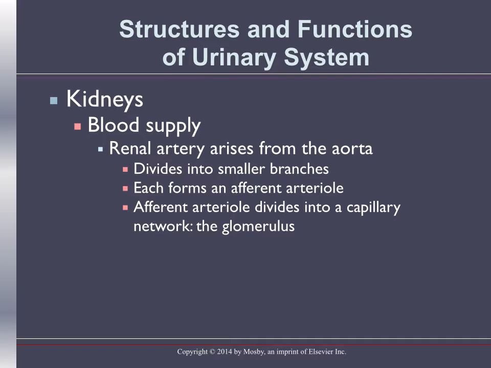And how is the blood reaching? Blood reaches the kidneys via the renal artery, which arises from the aorta, and it enters the kidney through the hilus. The renal artery then divides into secondary branches and then further into smaller branches, which form something called the afferent arteriole.